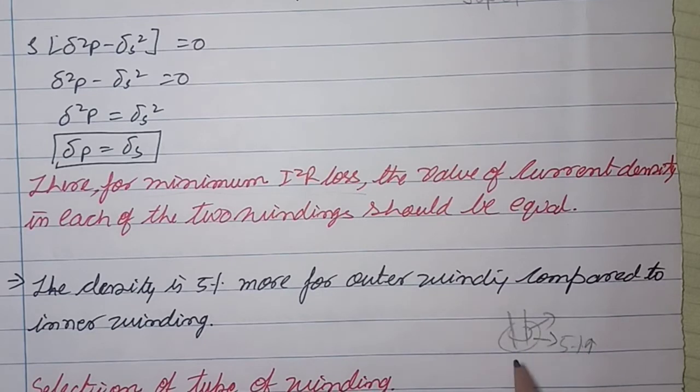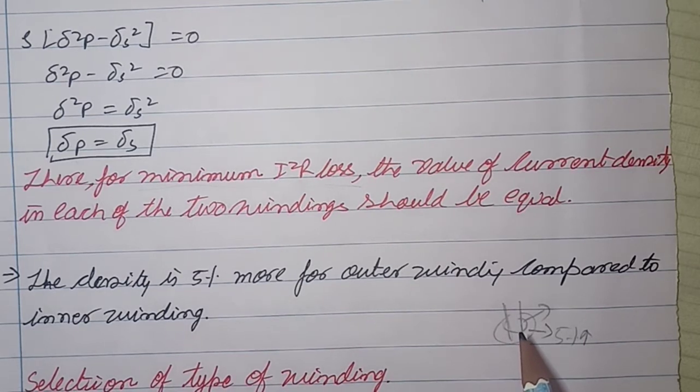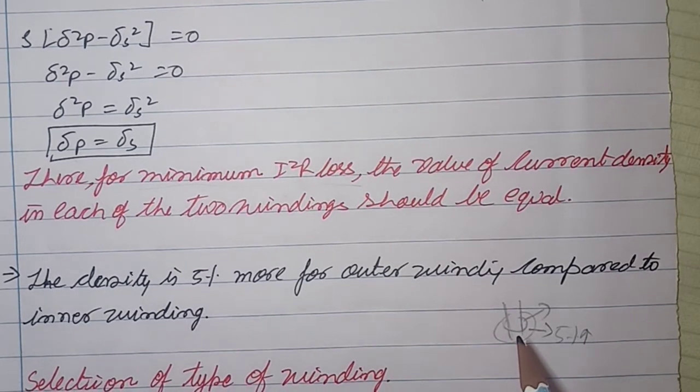This is done because compared to the inner windings, the outer windings have a better cooling system. It is easy for them to dissipate the heat that is generated. Therefore the outer winding will have 5% more current density.